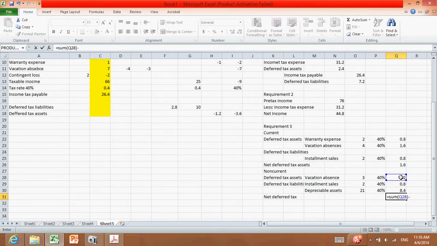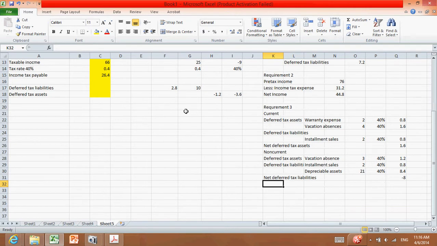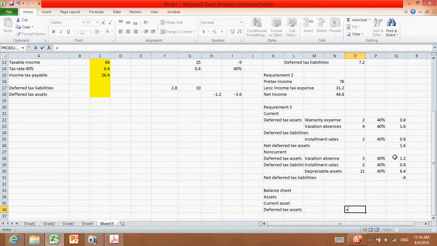Therefore, on the balance sheet, asset section, current asset, in the current asset section, I will have current deferred tax assets of 1.6 million. And for the liability section, I don't have anything for current liabilities, but I have non-current liabilities.